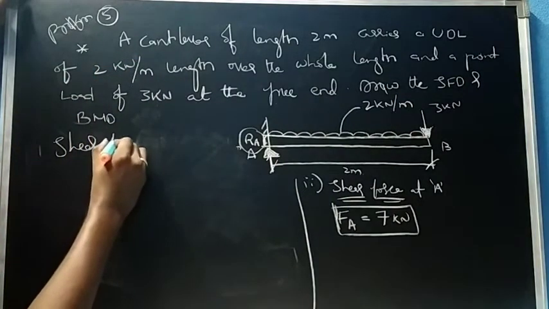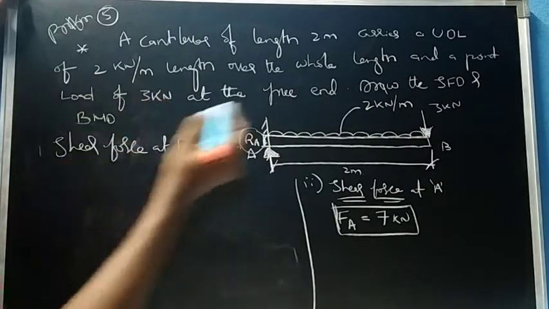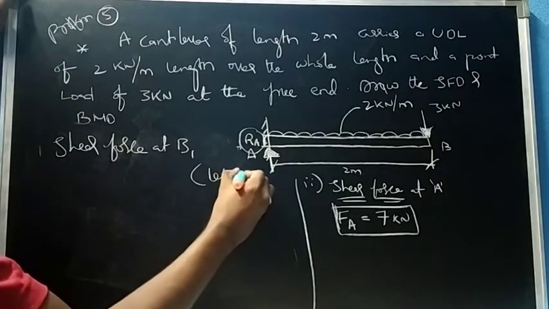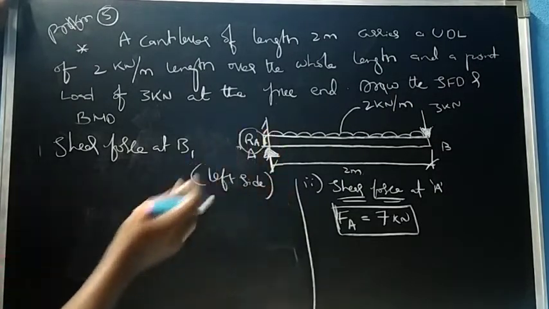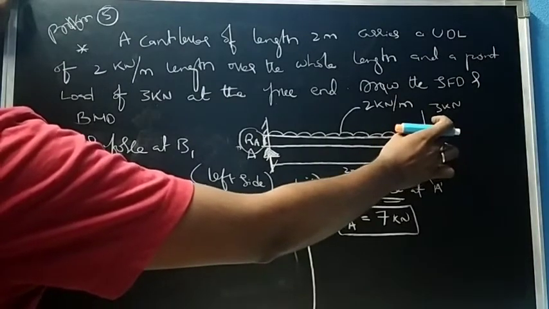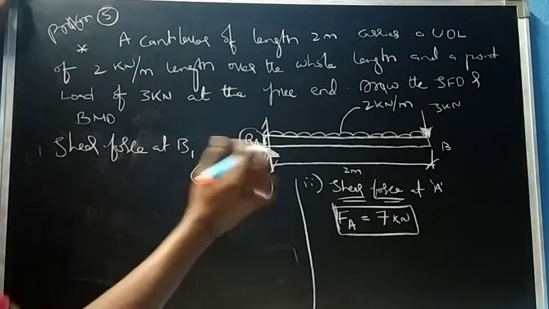First we'll find the shear force at B1, that is the left side. In the case of a cantilever, if you want to find the shear force at B, you need to divide it into two parts, B1 and B2, that is your left and your right.